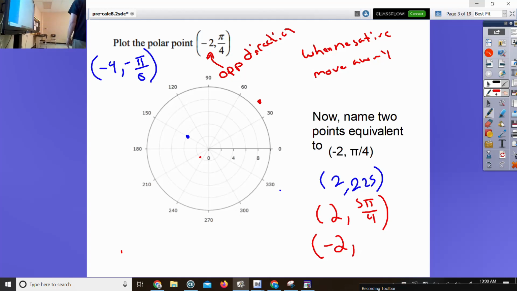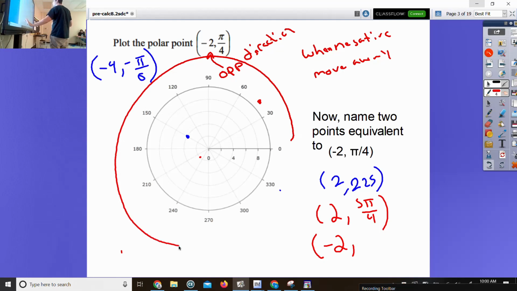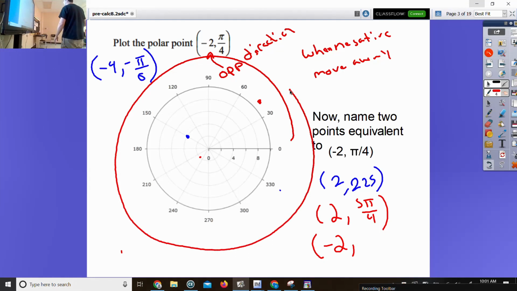So -2, 9π/4 should do it. Because if you think about 9π/4, you'd start here. Oh, I'm going the wrong way. I'm drawing negatively. You'd rotate, you start there, and then you go a little bit more, wouldn't you? So yeah, that's good.